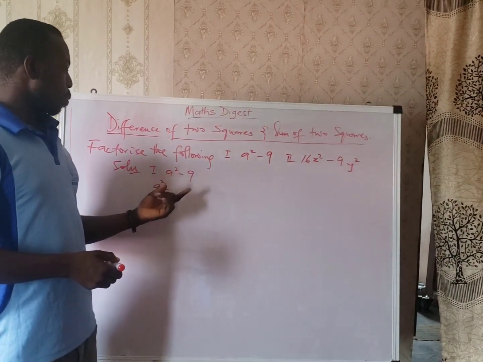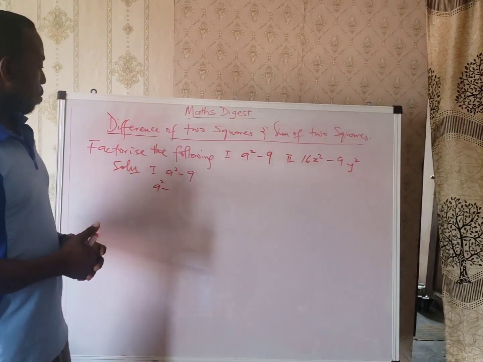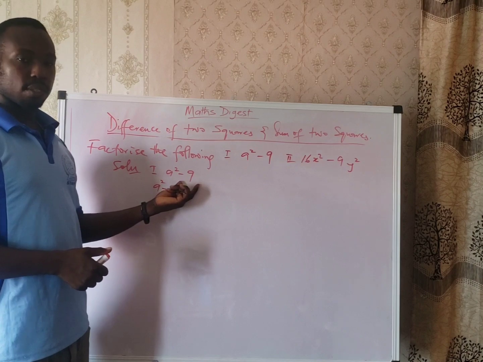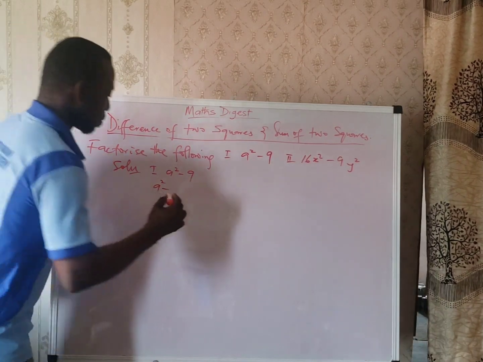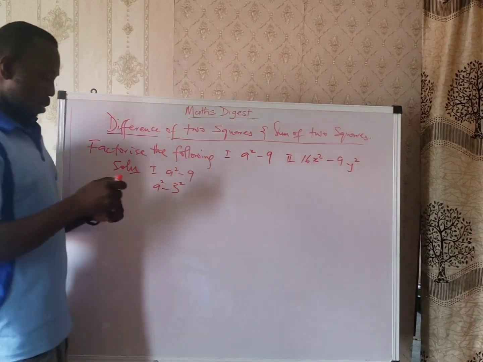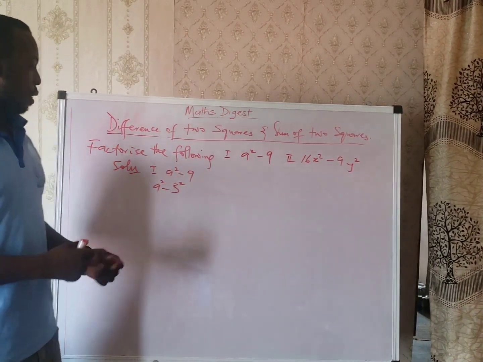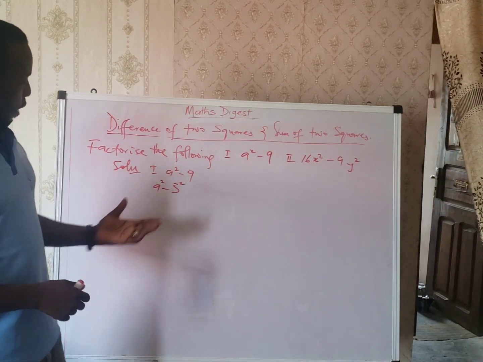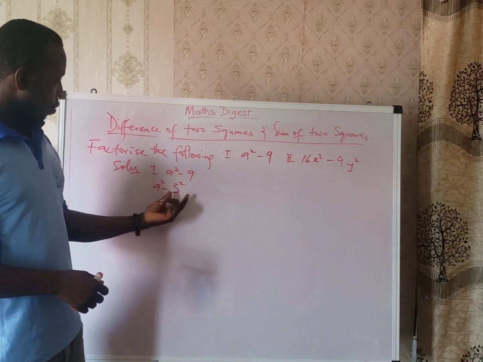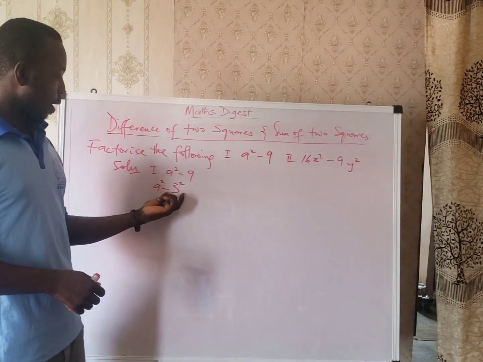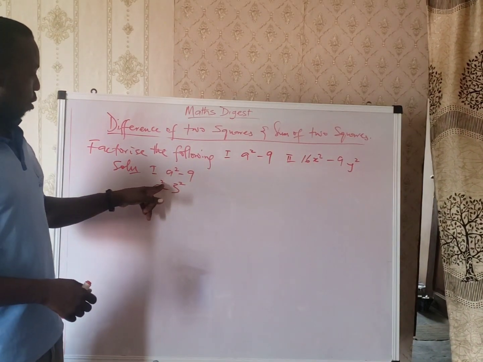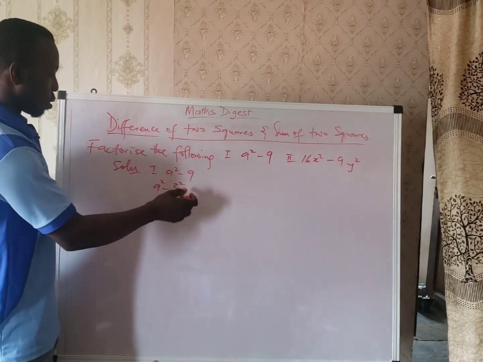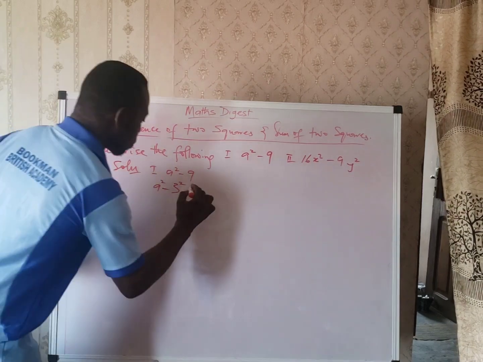Let's think about a number that when you square it, you get 9. That number is simply 3. So we look at the power of a, and find something that when raised to the same power gives us 9. That is 3. So 3 raised to power 2 is 9.